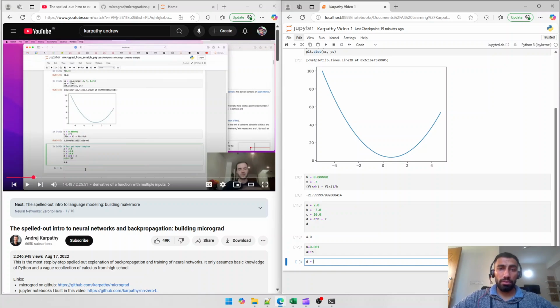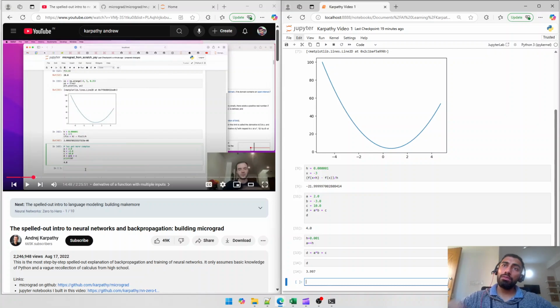d is equal to the b plus c. Value of d reduced.